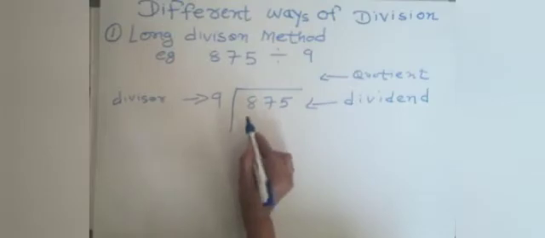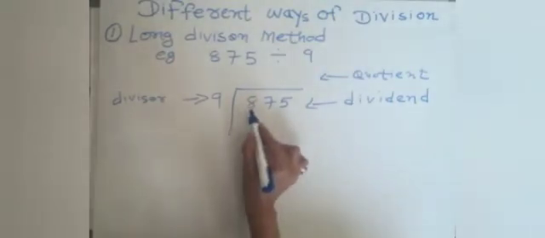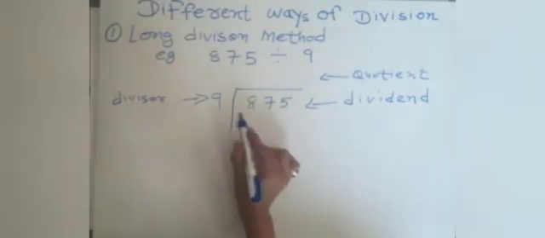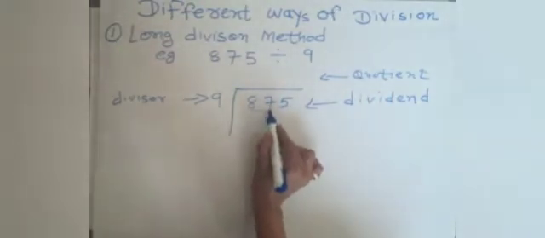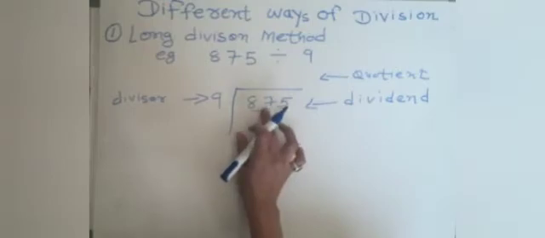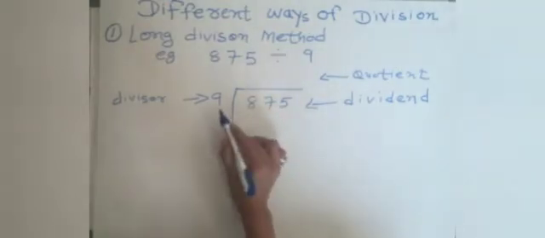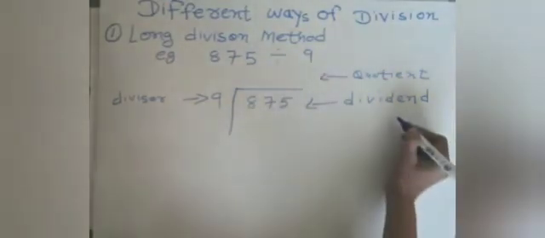First of all, there is a need to check the number. The first digit is 8. It is less than 9. So we will take these two numbers for division, and you can write the table of 9 for your convenience.